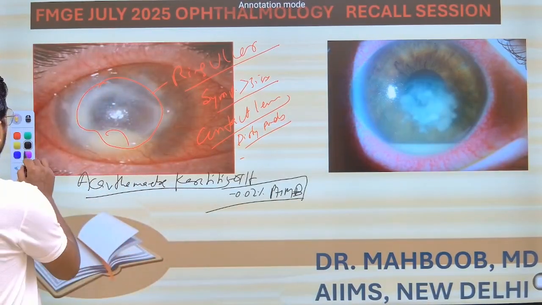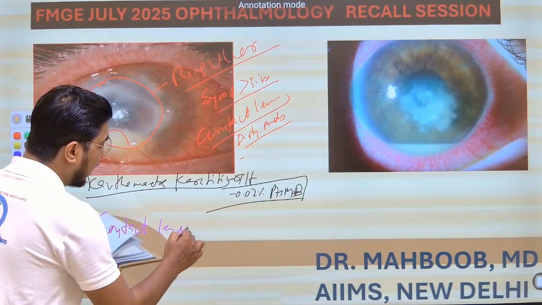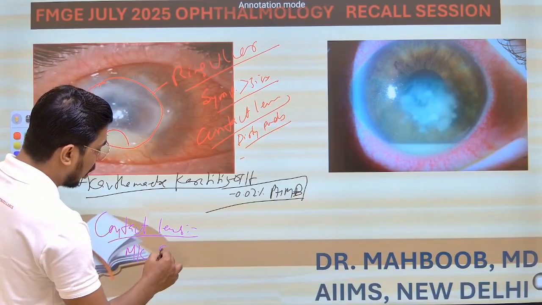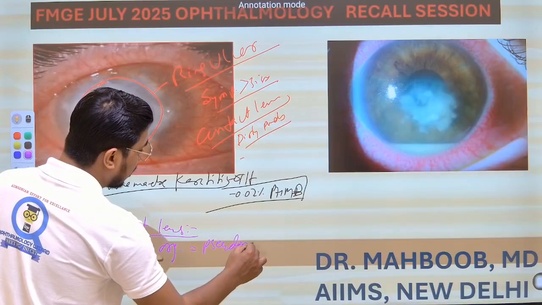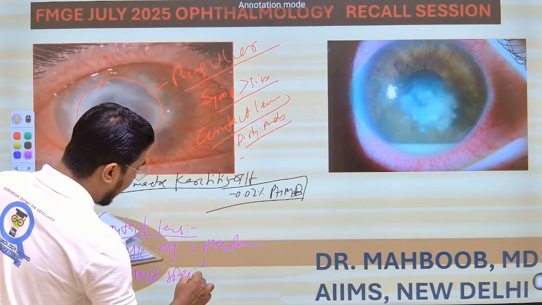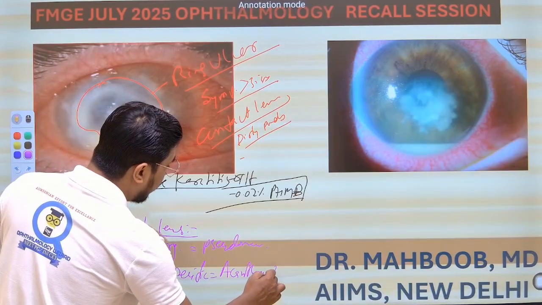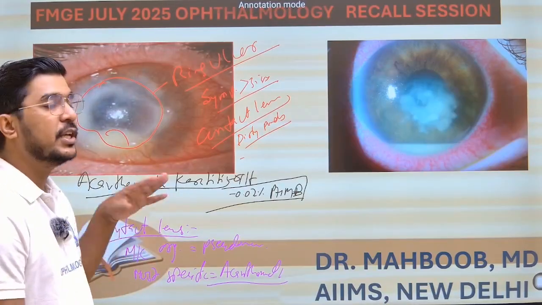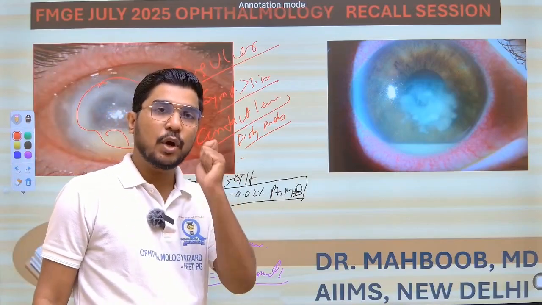One important thing I must tell you, that in the contact lens user, the most common organism is Pseudomonas, and most specific, if they ask, go for acanthamoeba. So generally acanthamoeba will be the answer, but if they are asking most common only, you have to go with Pseudomonas. Don't jump to the answer, just see what they are asking.